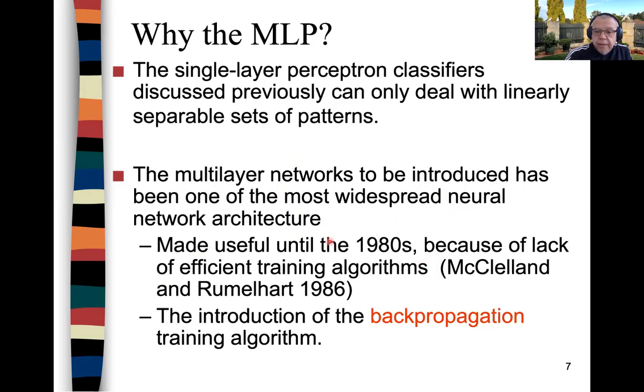Actually, they did very well up until some stage where there was a lack of an efficient training algorithm to deal with, for example, 3 or 4 layers or so. In that case, the neural network community was lucky to have the introduction of the backpropagation training algorithm.